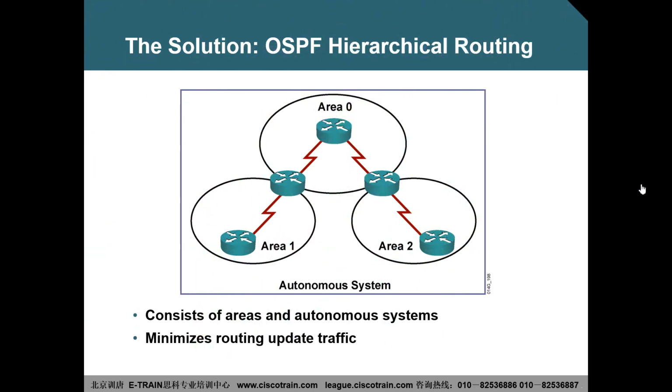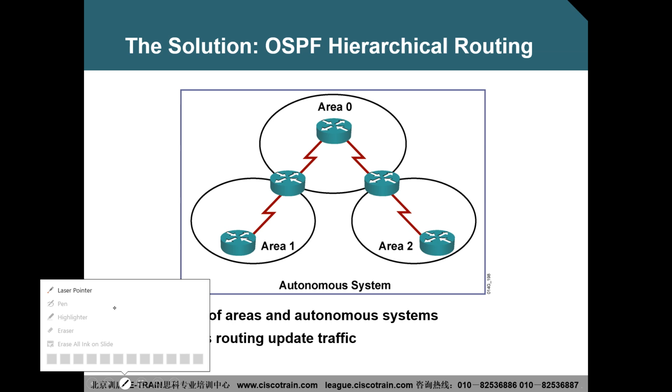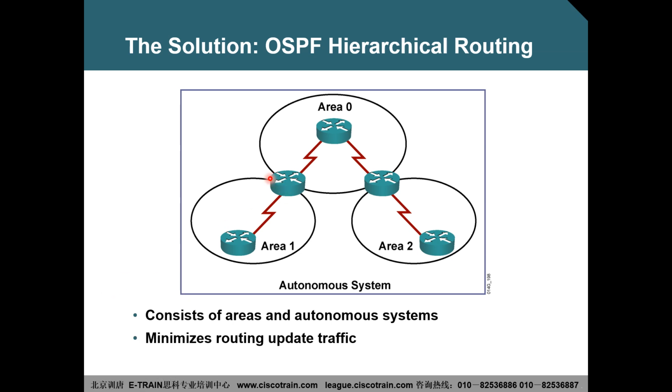Now, when you have multiple areas, we can do summarization on the area border router. If you see this picture here, we have two area border routers. Number one, this one.